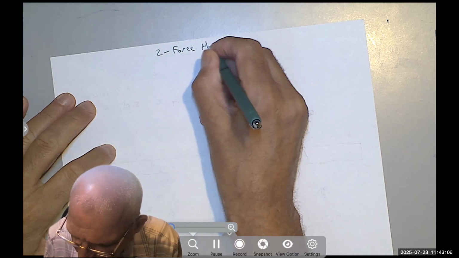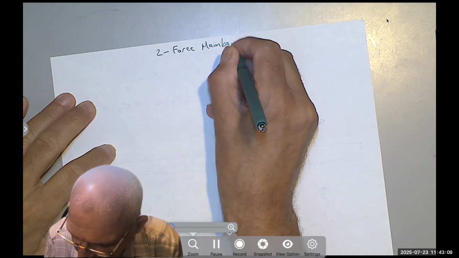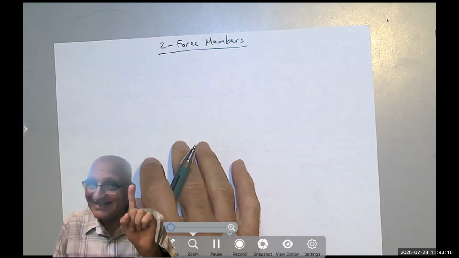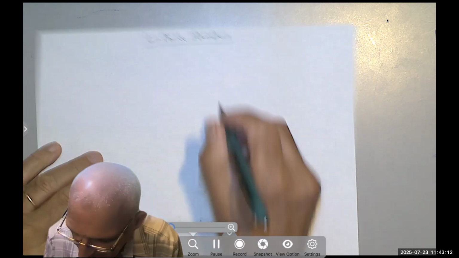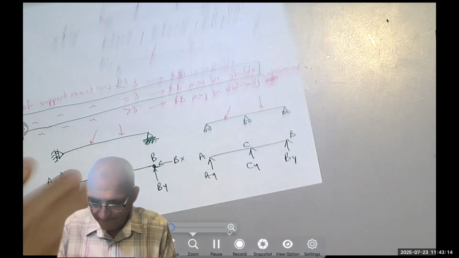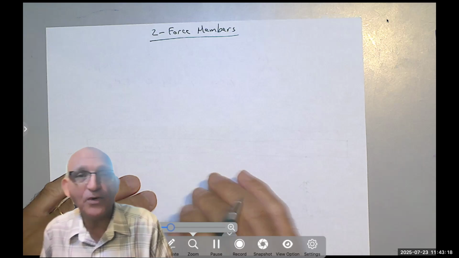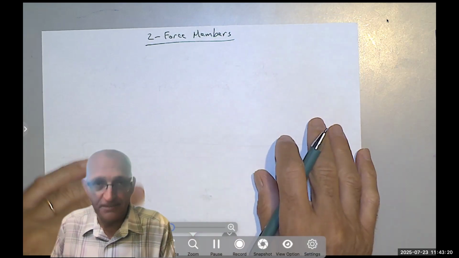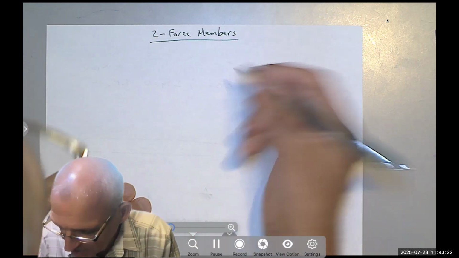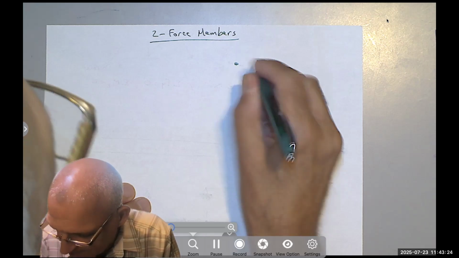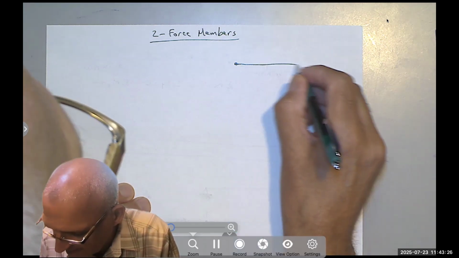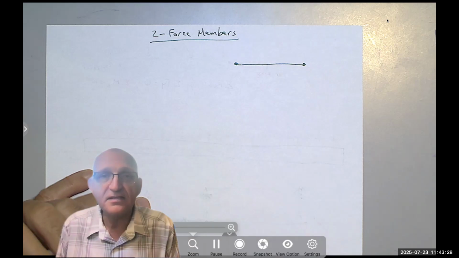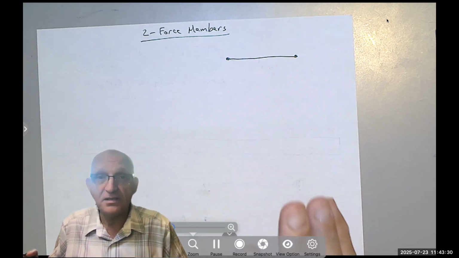What are two force members? Two force members are members that are connected at their ends only, like this beam, but this beam is not loaded anywhere between in their span. So I may have a member that looks like that, and it's not loaded, okay?